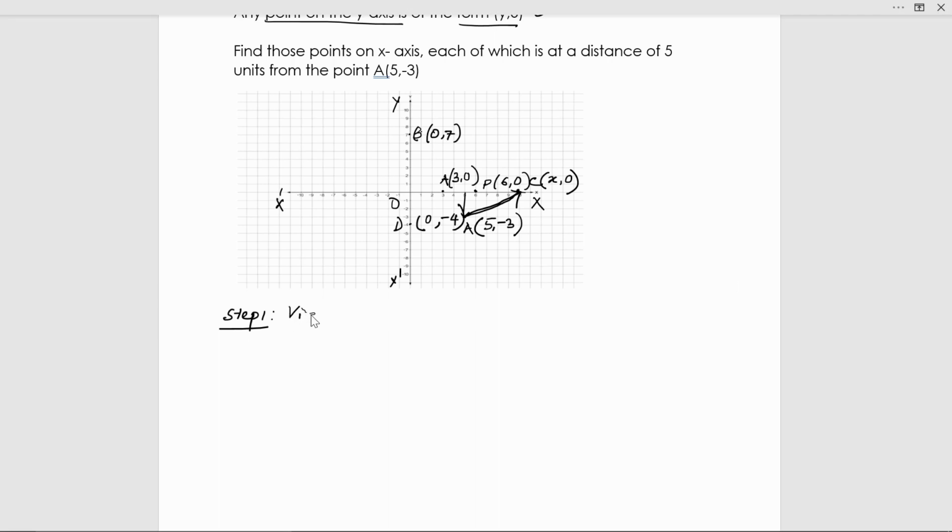So from here, C is my point on the x-axis, and it is given by C, x and 0.